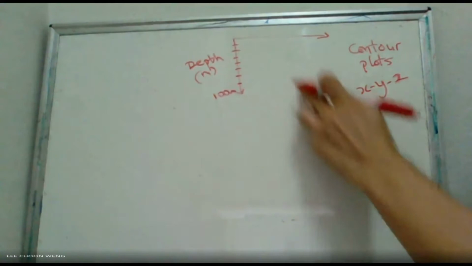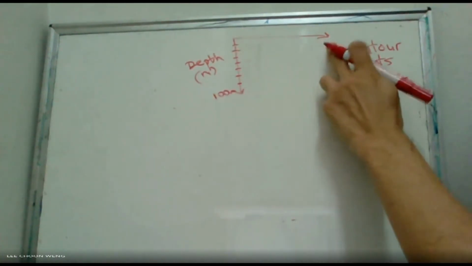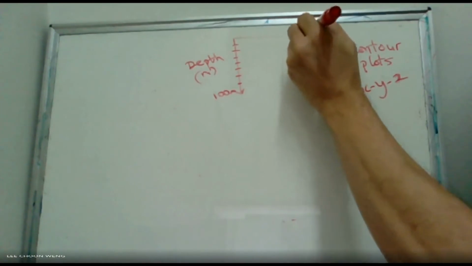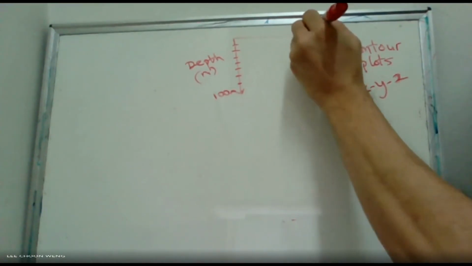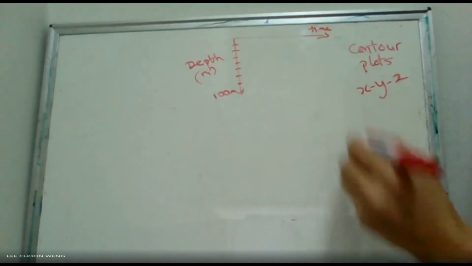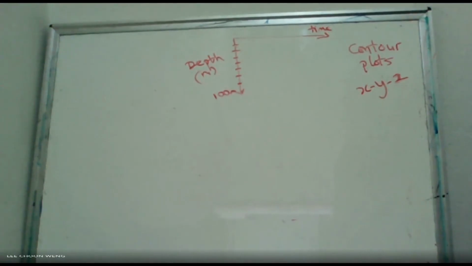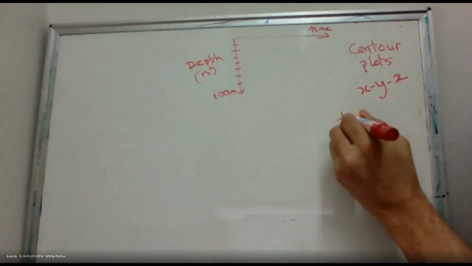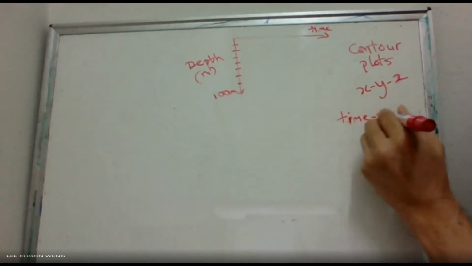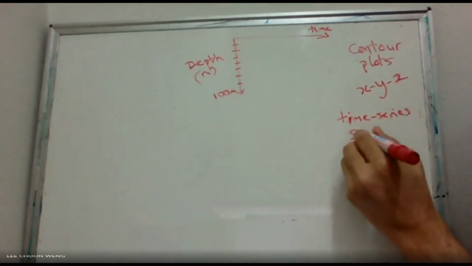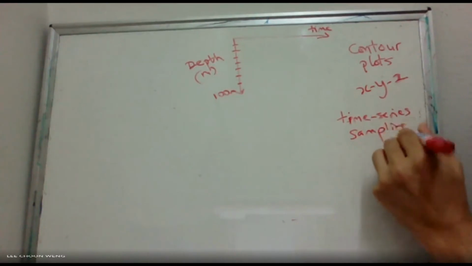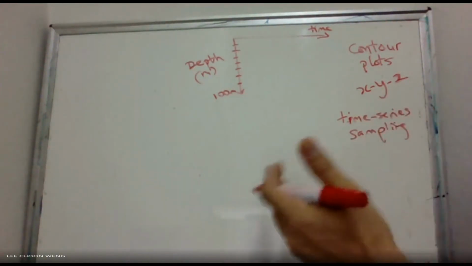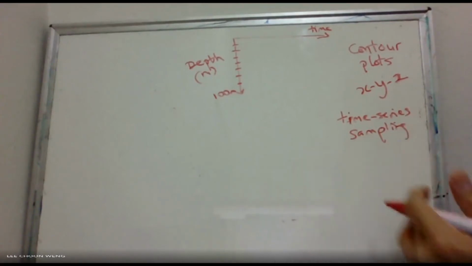Okay. Then the x-axis can usually be time, because this can be a time series sampling. So we can sample every month or every week over a couple of years.